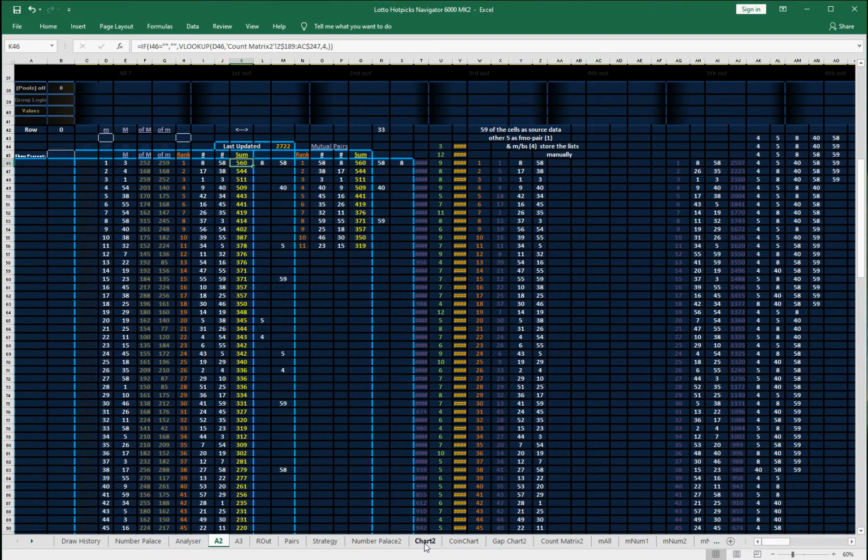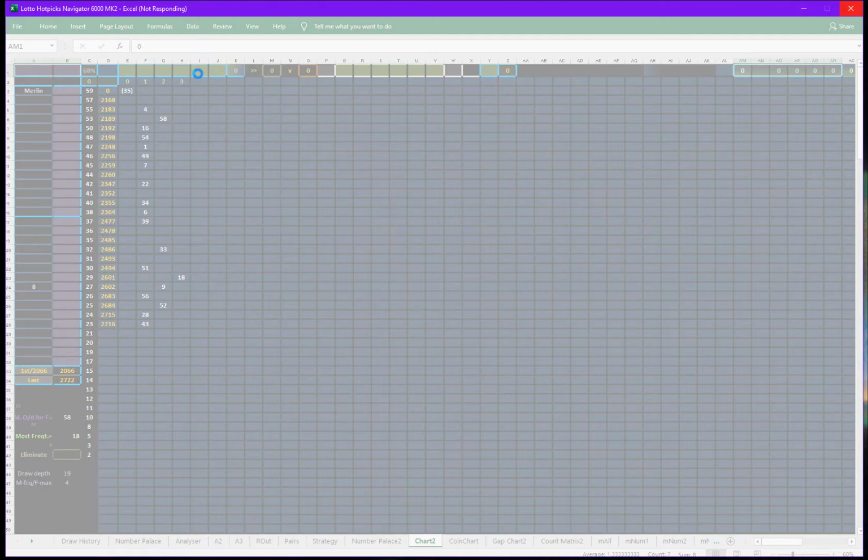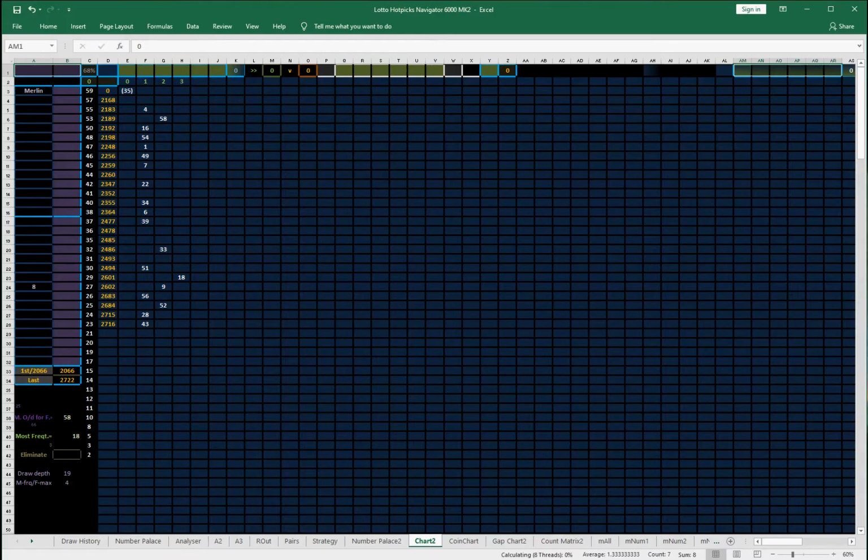And so what I'm saying is, if we look at the chart for each number in the pair and see what the area is under the other number in that pair.